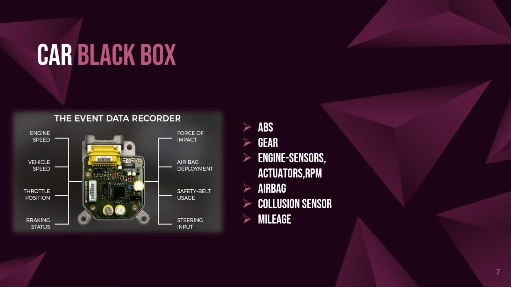If you don't shift the gear, the RPM rises, and the ECU tells you to shift the gear. The RPM, oil sensors, temperature, AC, gas level, and AC fan are all controlled by the ECU.